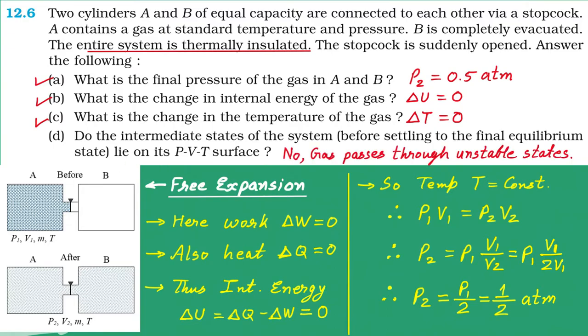The answer is no, because the gas passes through intermediate unstable states. In between the initial and final state, gas is not in equilibrium. It is passing through unstable states, so it cannot lie on its PVT surface. That means the values of PVT will be continuously changing between the initial and the final state.